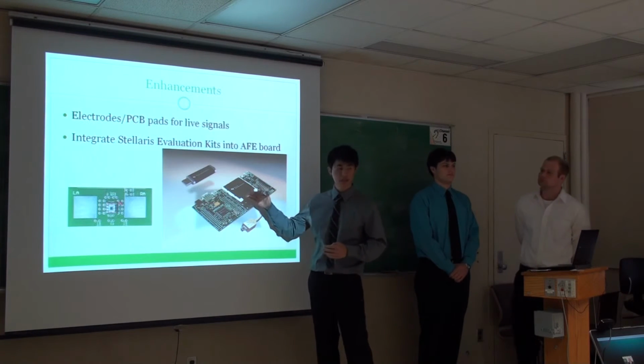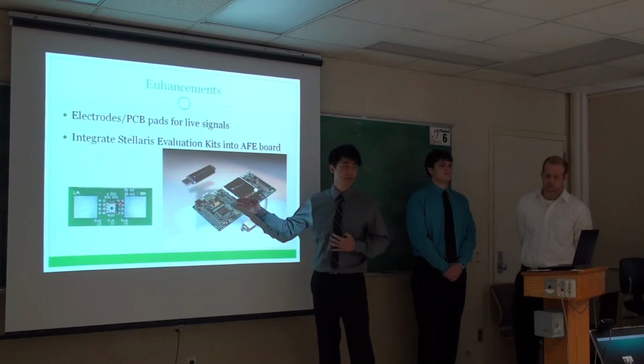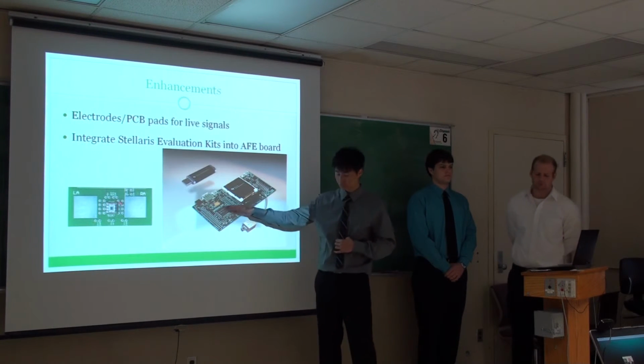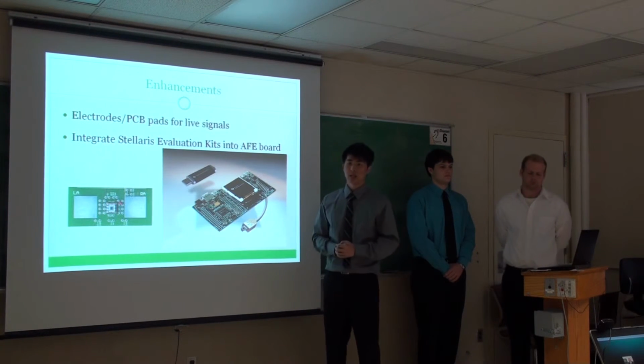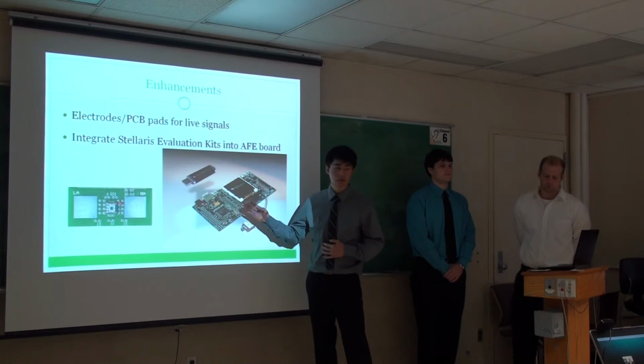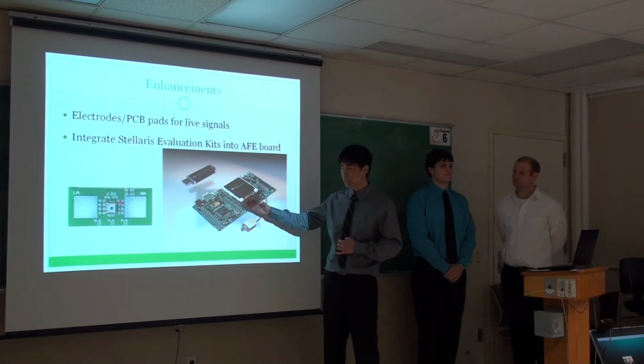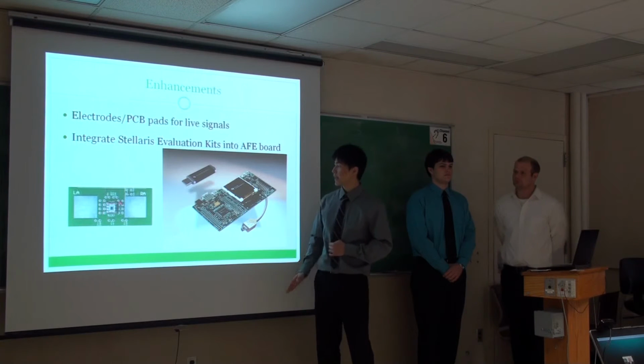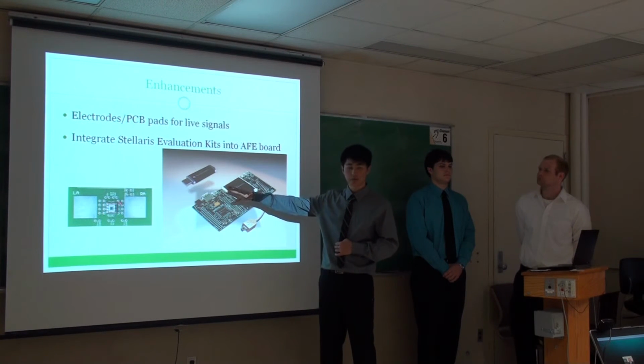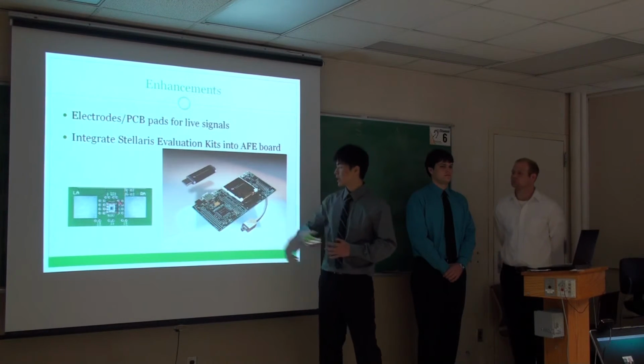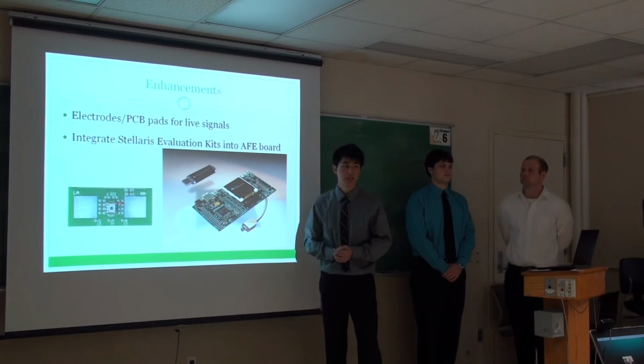This evaluation kit is a compact and versatile platform for this microcontroller. It emphasizes features including the USB 2.0 full-speed controller and analog to digital converters on this side, and a serial interface.